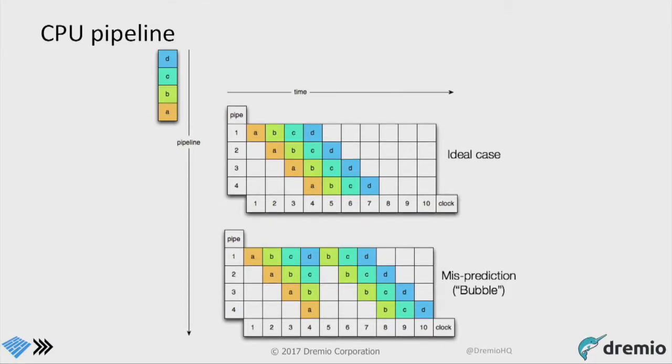For example, if there's branching, right? If you have an if statement, depending on the result of the previous instruction, which is the test, you need to decide which next instruction you execute. And so that introduces bubbles, right? Here the pipeline is 4 steps, but a modern pipeline is more like a dozen steps, and you lose that many cycles every time it happens. So that's where the CPU tries to be smart, with its branch prediction algorithm.